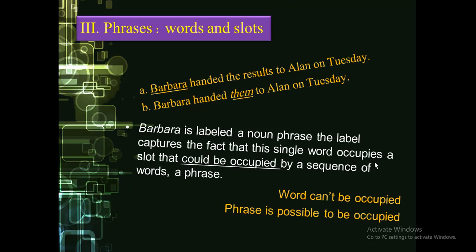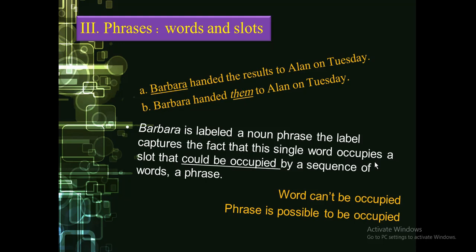Okay, the next discussion is about phrases, words, and slots. So before we discuss phrases any further, let's consider the example here. Barbara handed the result to Alan on Thursday, and B: Barbara handed them to Alan on Thursday. Here, Barbara and them are labeled as phrases, not words. Why? They only consist of one word, but they are considered phrases.